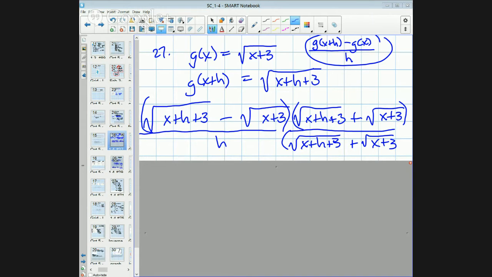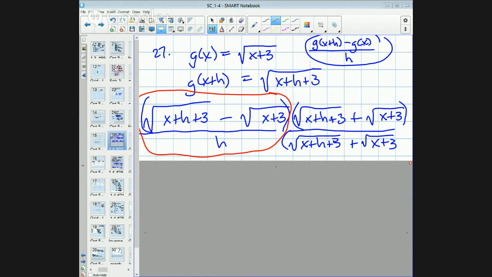This stuff on the right isn't here yet. That's my next step. So here, let me highlight this in red. There is my difference quotient. g of x plus h here on the left minus g of x all over h.